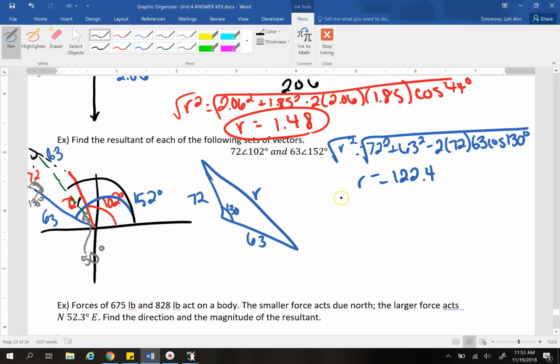So we have 63 over the sine of theta is equal to 122.4 over the sine of 130.